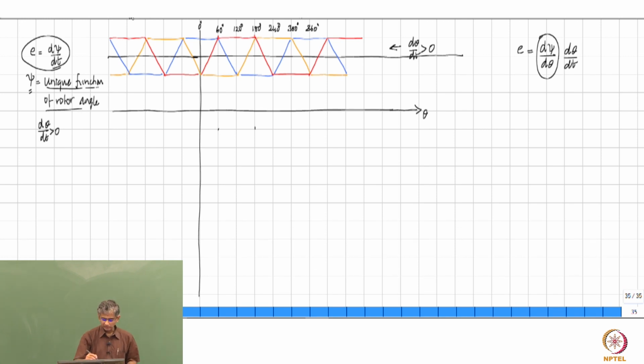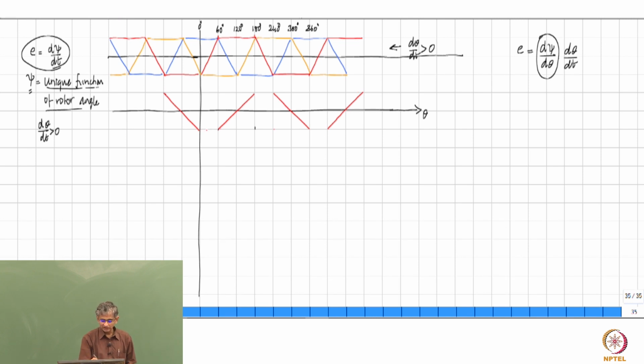So during this interval you are going to have flux linkage linearly increasing, and during this interval we are going to have flux linkage linearly decreasing, obviously because d theta by dt is negative. Similarly, here it is decreasing and here it is increasing.